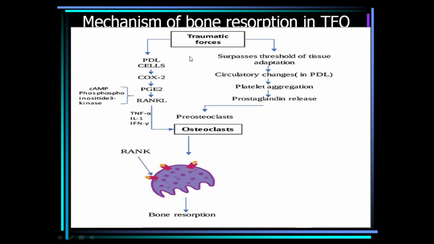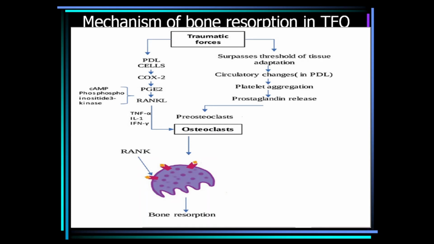So the traumatic force acts on all the cells, the cyclooxygenase cycle is activated, and production of prostaglandin E2 takes place. Not only from the cyclooxygenase pathway, various cytokines or cell talking components are released, and they act on the osteoclasts, and hence resorption of bone.